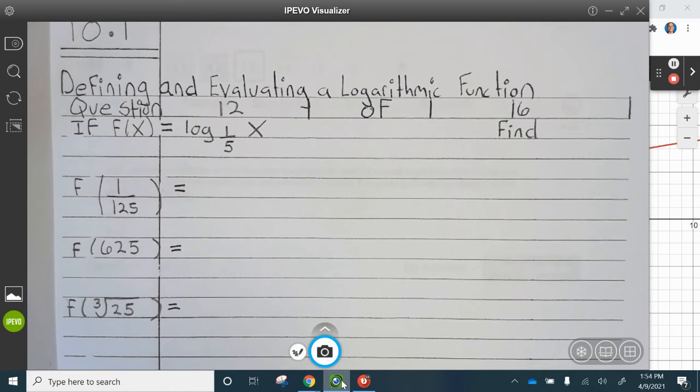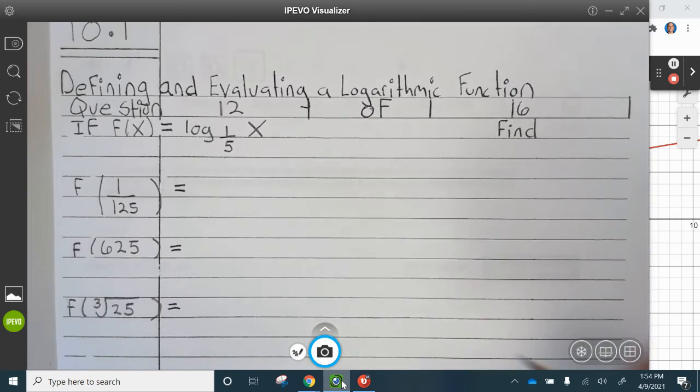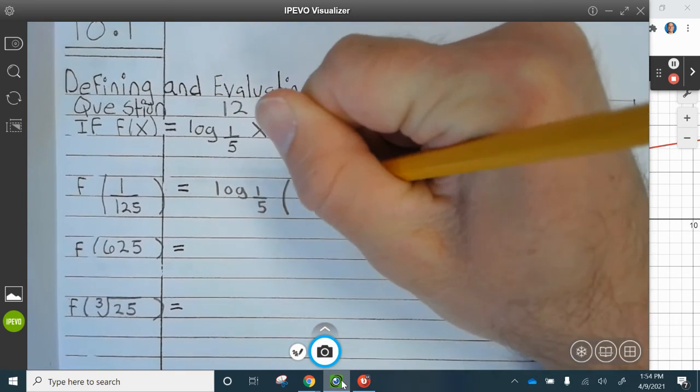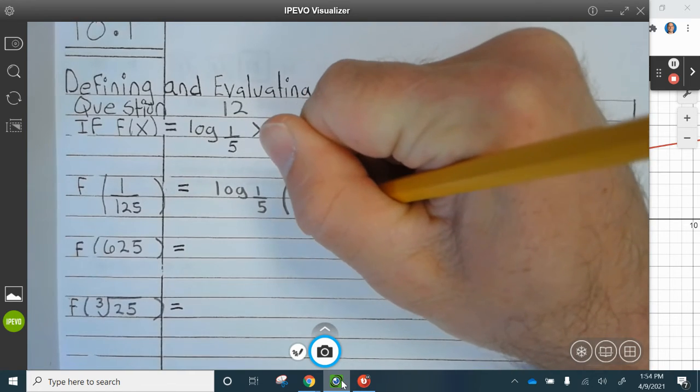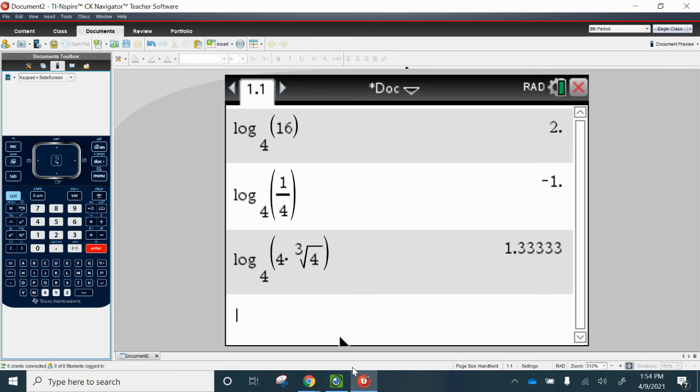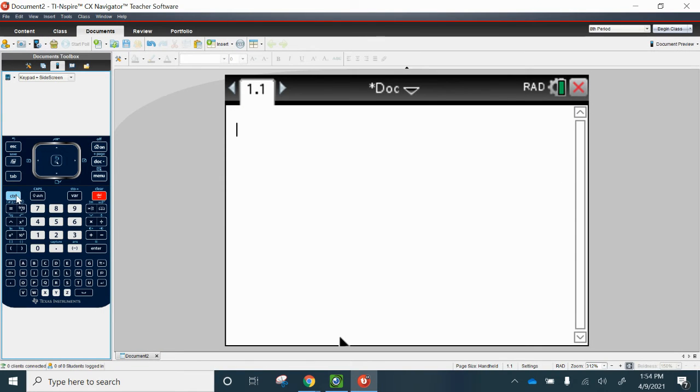All right, question 12 of 16. If f of x equals log base 1/5 of x, find, so that's log base 1/5 of 1 divided by 125 equals. I'm going to delete these, control log of control divide 1 divided by 5 of control divide 1 divided by 125, press enter, is 3.